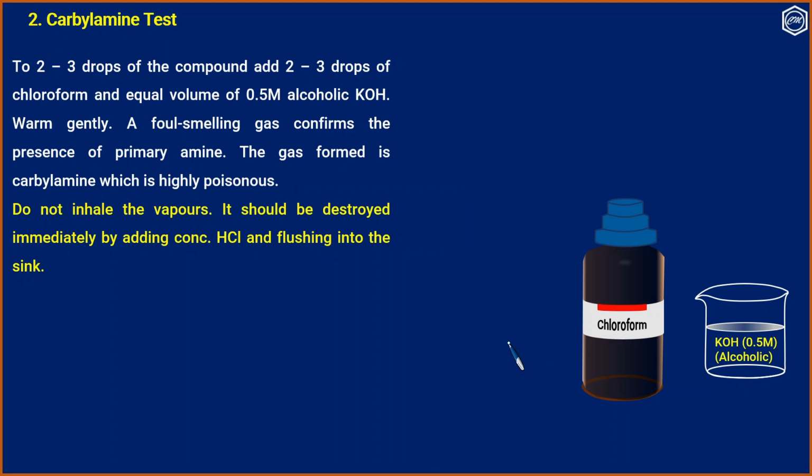Now we get the foul-smelling gas and we should destroy it immediately. So a primary amine, chloroform, alcoholic potassium hydroxide, and this compound is carbylamine.